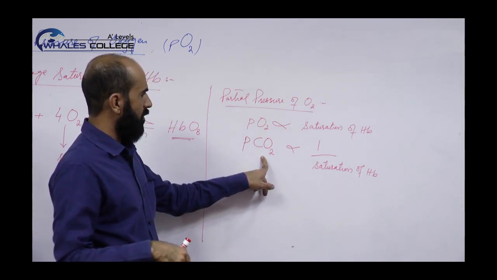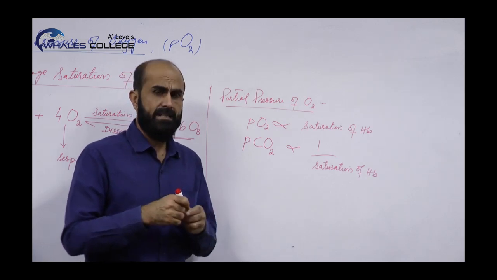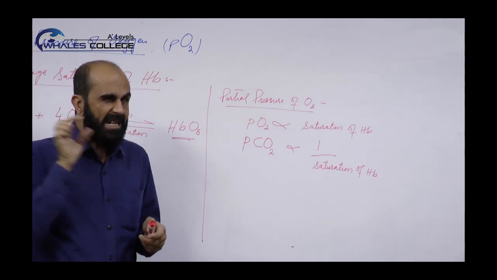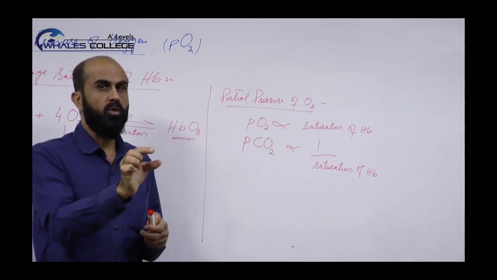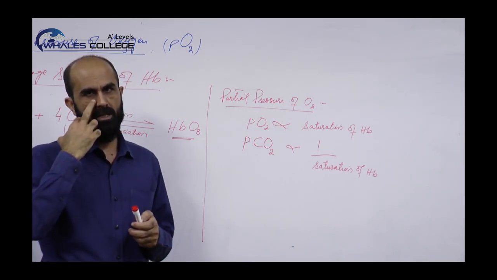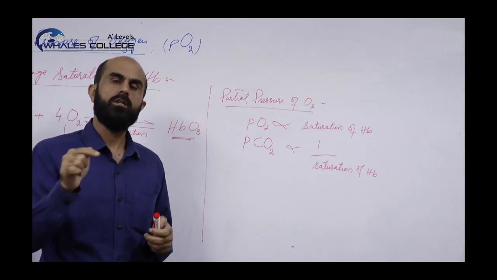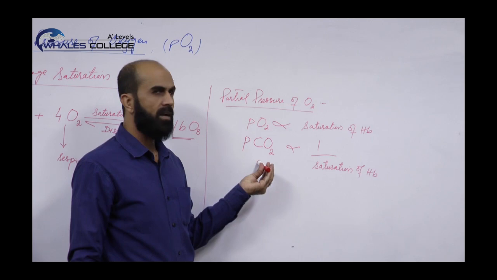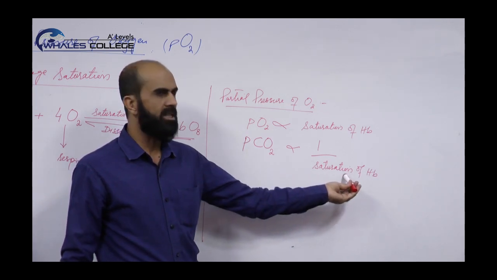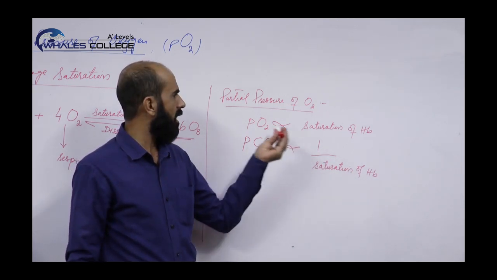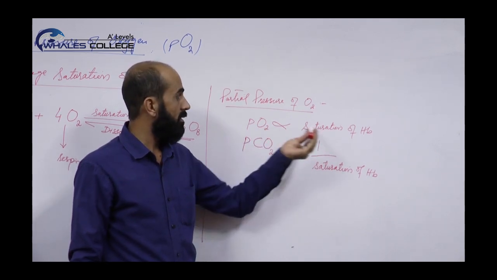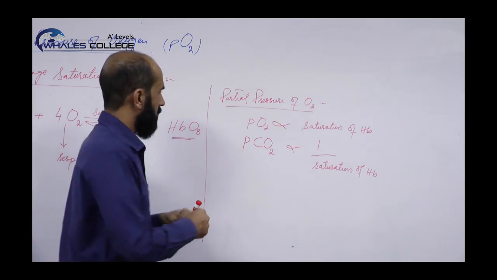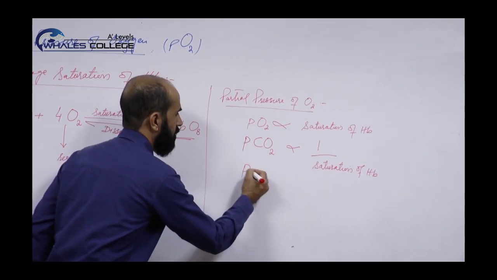If it decreases saturation of hemoglobin, it tends to stimulate hemoglobin to unload oxygen. It prepares it for dissociation, not for saturation. So the higher the partial pressure of carbon dioxide, the lesser will be the saturation of hemoglobin. The higher the partial pressure of oxygen, the higher will be the saturation. Both are opposite.